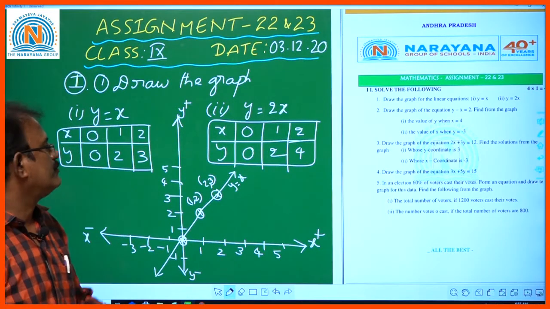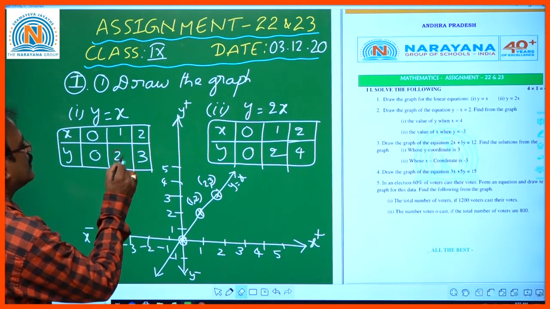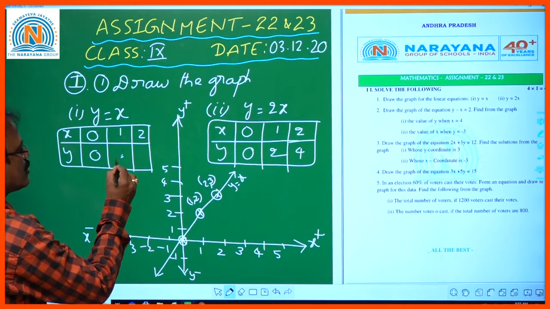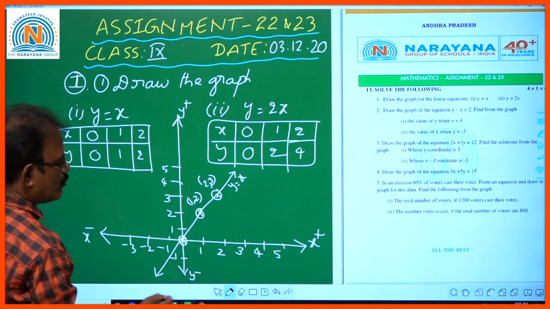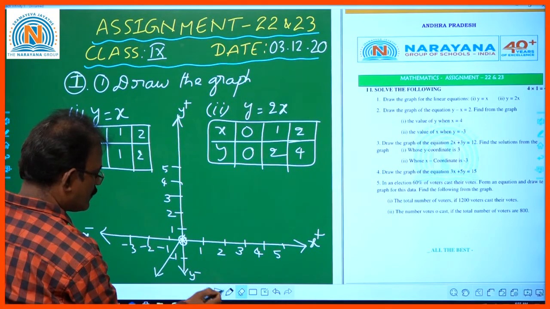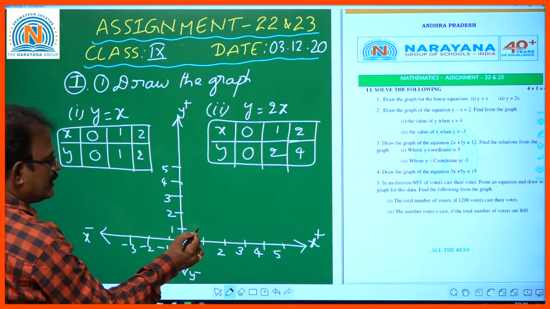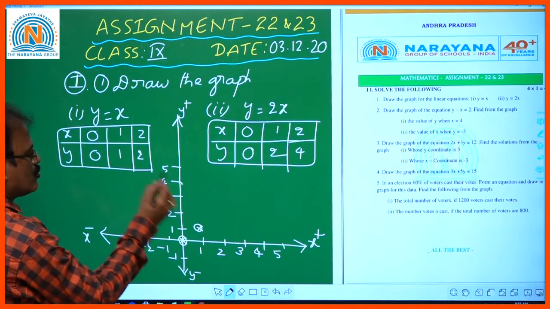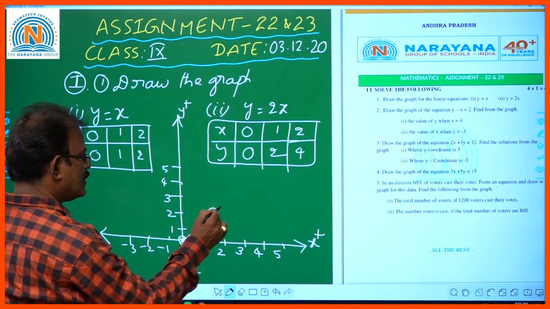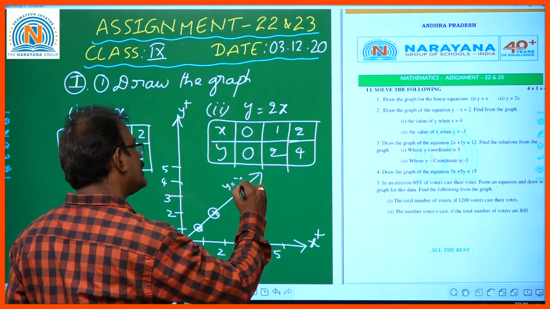So this is y is equal to x. Sorry, children, x is equal to 1 means y also 1, x is equal to 2 means y also 2. So x is 0, 0, then 1, 1, then 2, 2. So draw this line. This is y is equal to x.